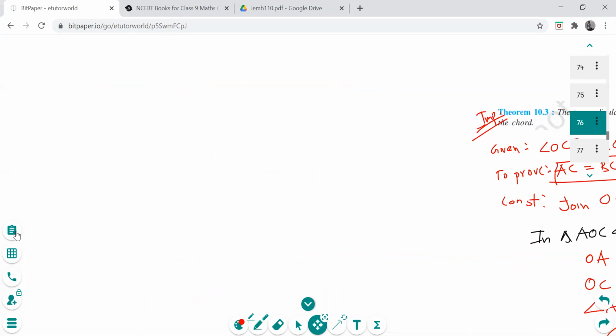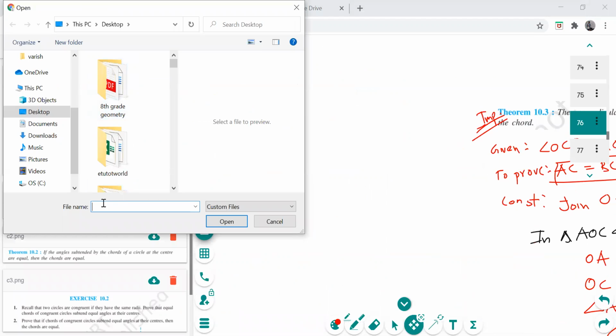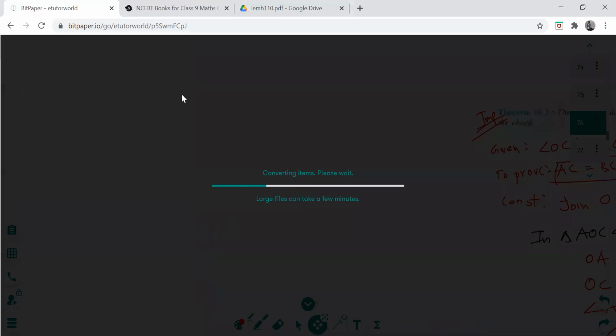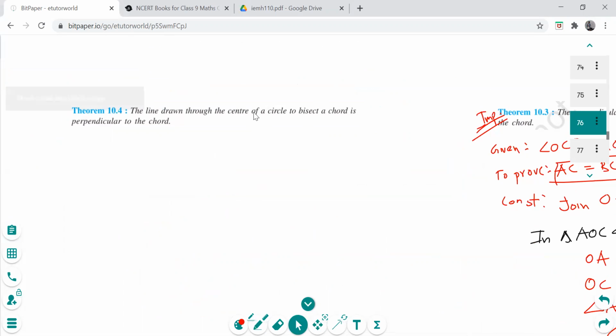So let's move to the converse. Okay, the converse will be your homework. I'm just uploading it for you people. Converse will be your homework, of course. Yes, explain to me the converse. You will prove it in your homework.